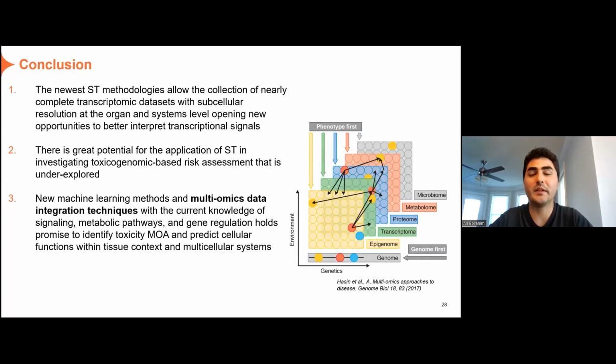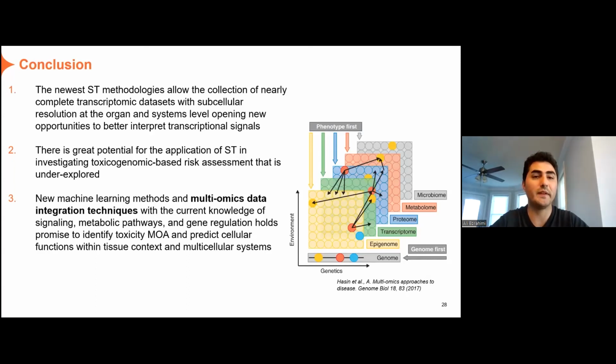And I think the next big thing in using spatial transcriptomics is when we are moving toward multi-omics, when we are able to link these spatial transcriptomics data to protein level information and metabolic level information from the same tissue type.